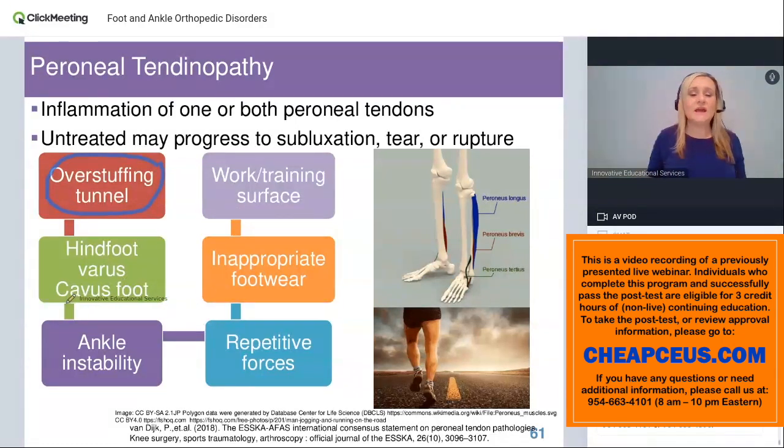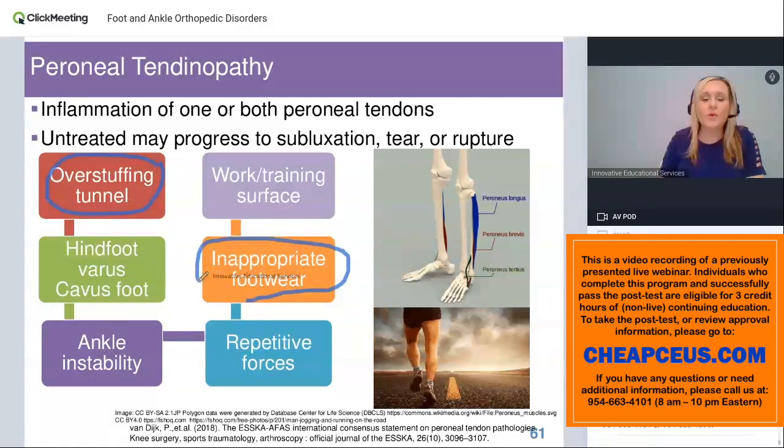Someone who has a hind foot in more of a varus position is going to place greater stress across that area, as well as those individuals who have ankle instability, more of that supinated type of foot. Looking at footwear where our peroneal muscles have to work harder, performing more inversion to keep the person stabilized.